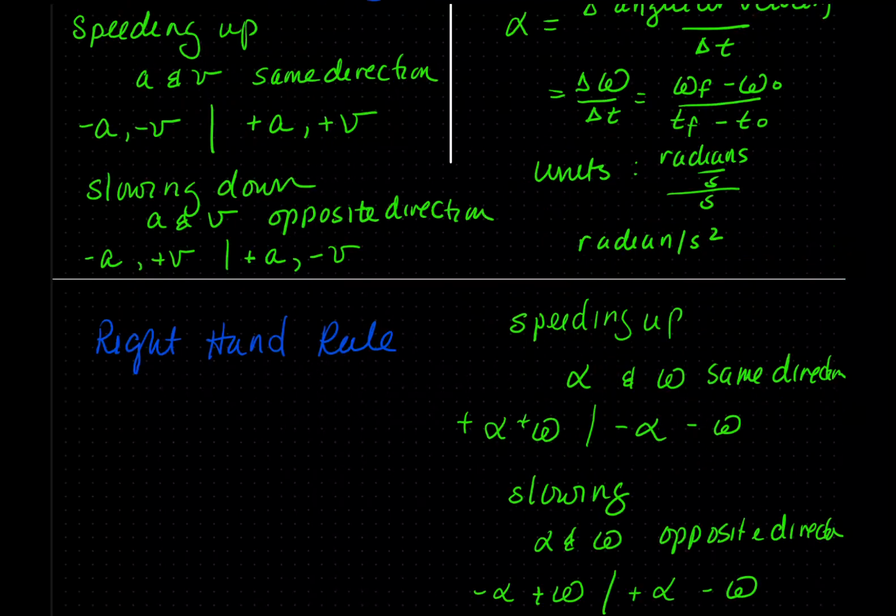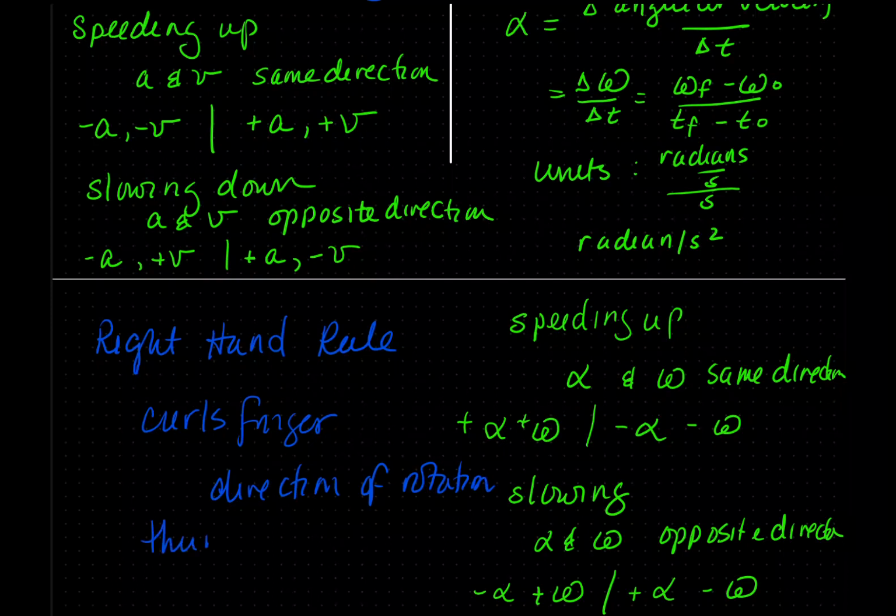To find the direction of the angular acceleration, we use the right-hand rule, just like for angular velocity. Remember, the curl of the fingers represents the direction of the rotation of the object, and the thumb points in the direction of the angular velocity.